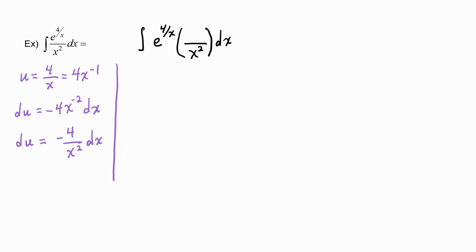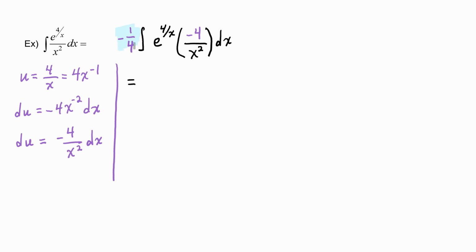And we see that we are missing this constant of negative 4 that we need for du. So if we multiply by 1 in the form of negative 4 times negative 1/4, we're only multiplying by 1, and we haven't changed our expression at all. Now we are ready to substitute to the u variable.